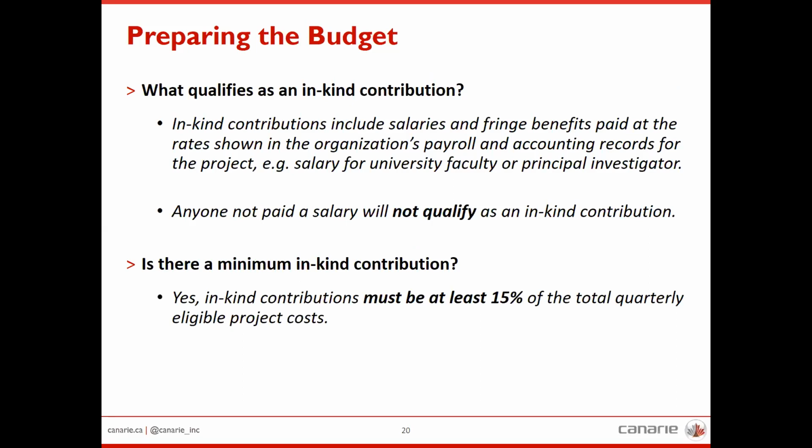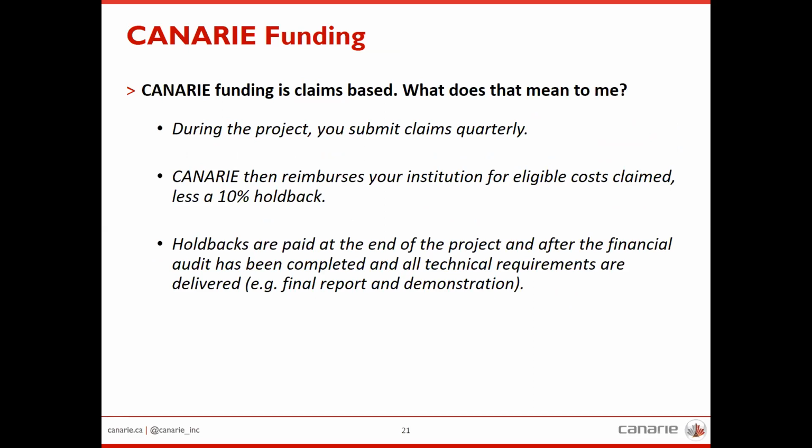Anyone not paid a salary would not qualify as in-kind contribution. And is there a minimum for in-kind contribution? The answer is yes. You must have at least 15% of your eligible costs to be in-kind, and that's on a quarterly basis. Next slide.